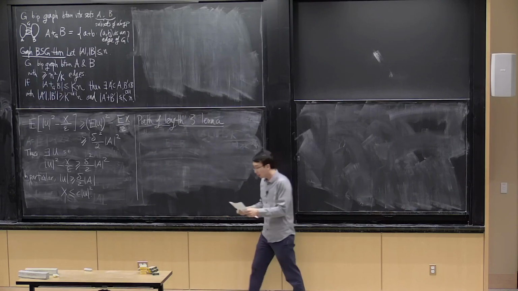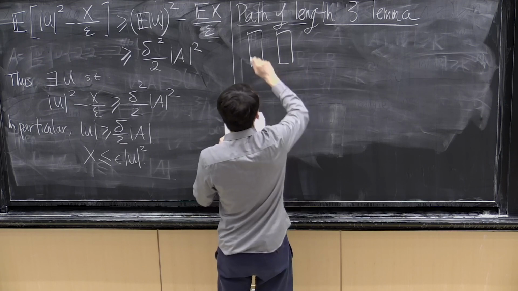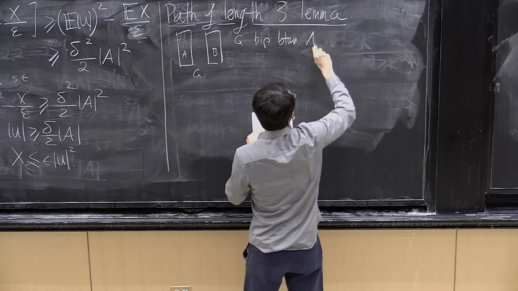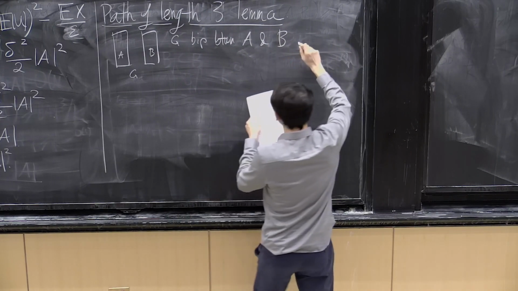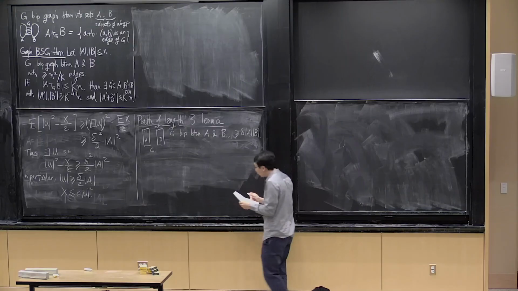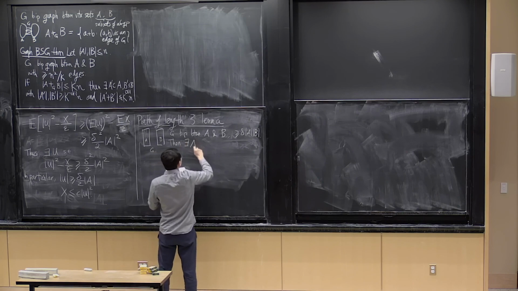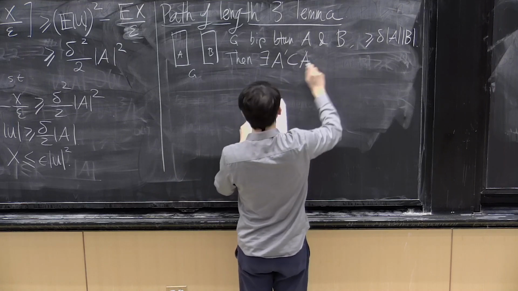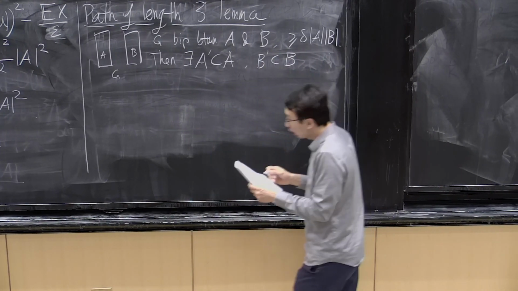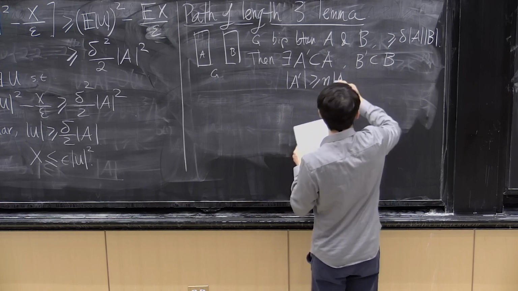So in the path of length 3 lemma, we start with a bipartite graph as before between A and B. Okay, so G is a bipartite graph between A and B. And as before, we have a lot of edges between A and B. It's a delta fraction of all possible edges. Then the conclusion is that there exists A prime in A and B prime a subset of B, such that A prime and B prime are both large fractions of their parent set.